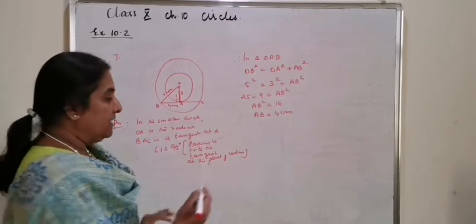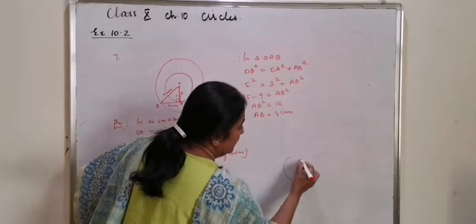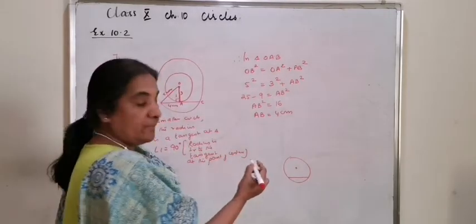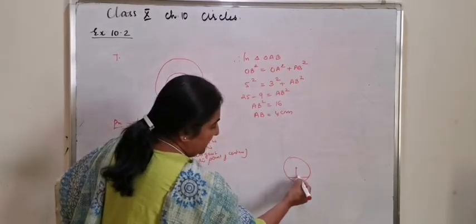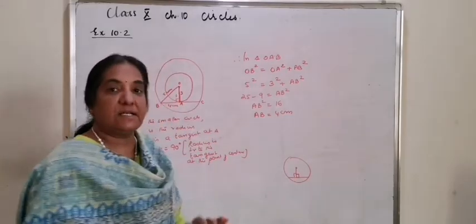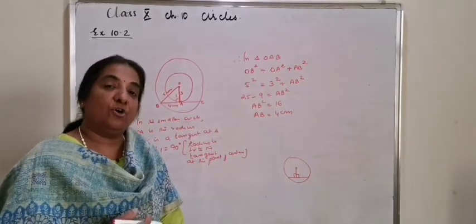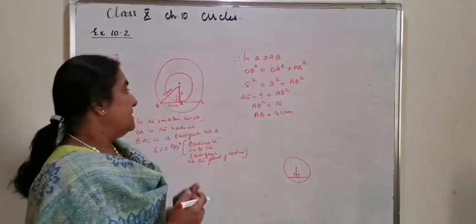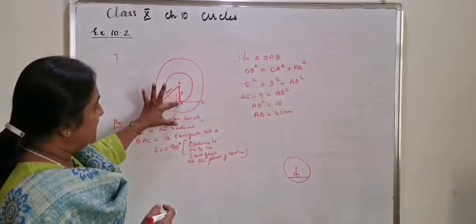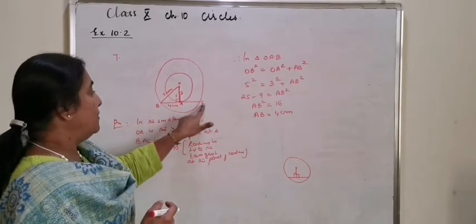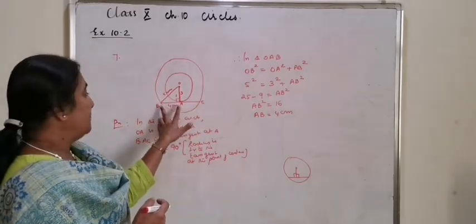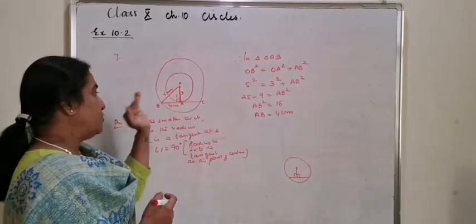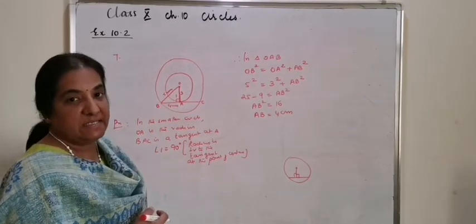Or, if you have a circle with center O, and a chord, if a perpendicular is drawn from the center of the circle to the chord, the perpendicular always bisects the chord. Similarly here, OA is perpendicular to the chord BC. If the length of AB is 4, immediately AC is also 4, which shows that the total length of BC is 8.